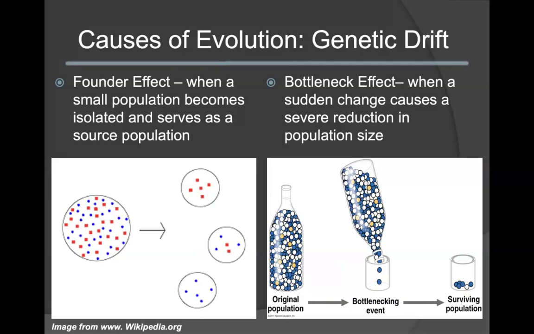In the bottleneck effect, this is when a sudden change or disturbance causes a severe reduction in the population size. Thus, the individuals that end up surviving become the founding population. Thus, the genetic allele probabilities in their surviving individuals would then determine what the allele frequencies are in the resultant population.